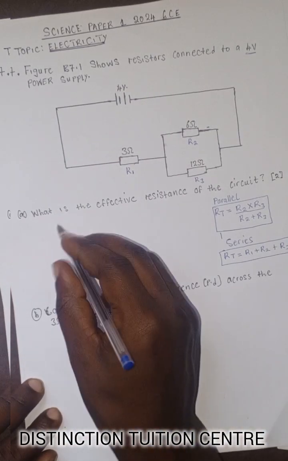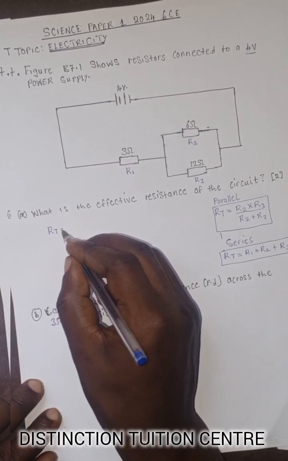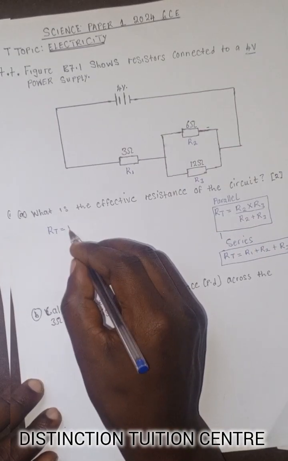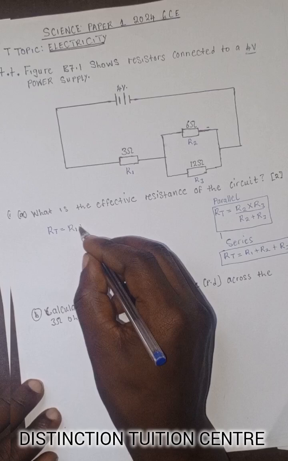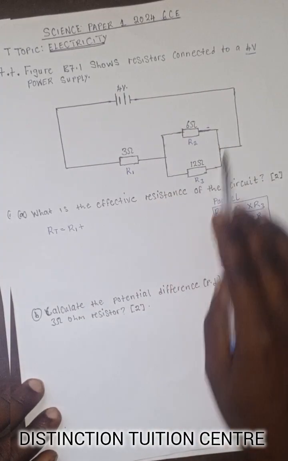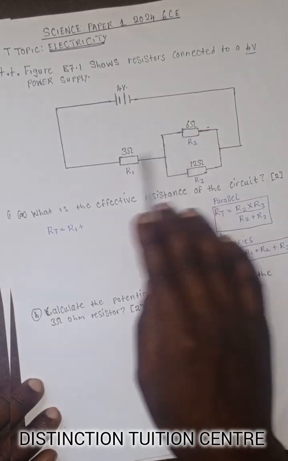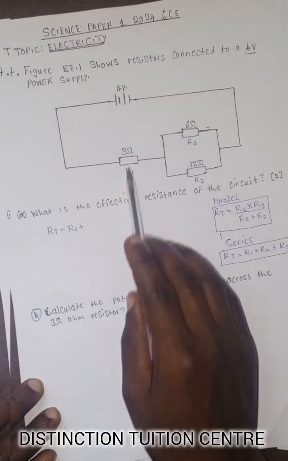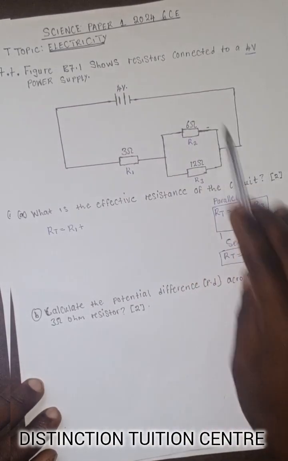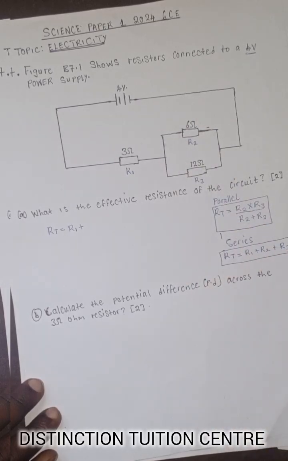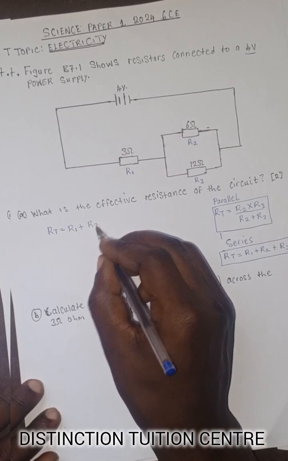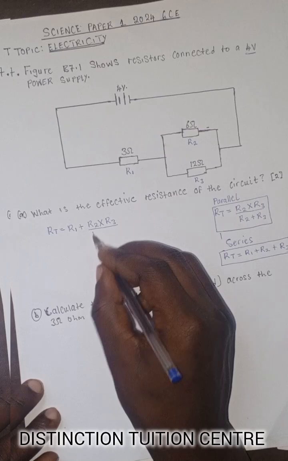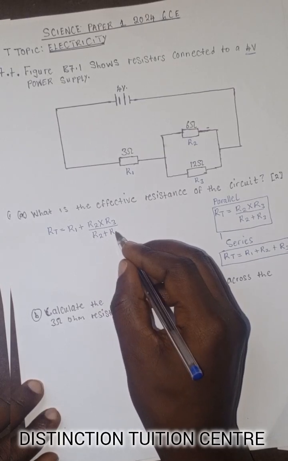Effective resistance, also known as the total resistance, will be given by R1 plus, since they are in series, the total for the parallel ones, which is R2 multiplied by R3 divided by the sum of the same two resistors, R2 plus R3.